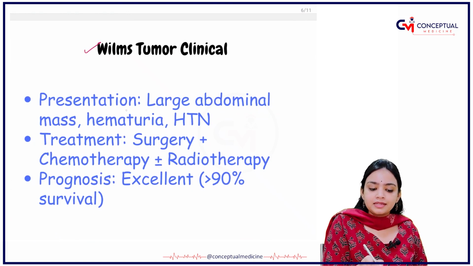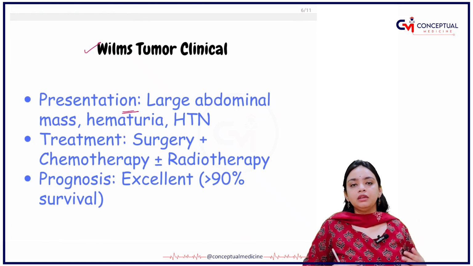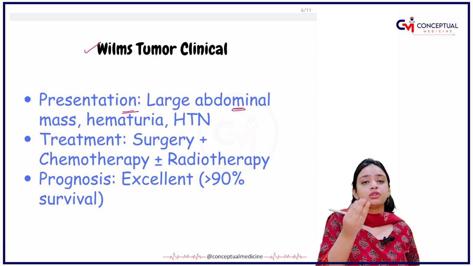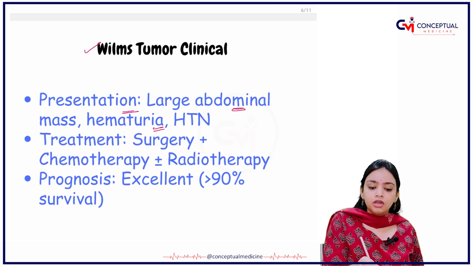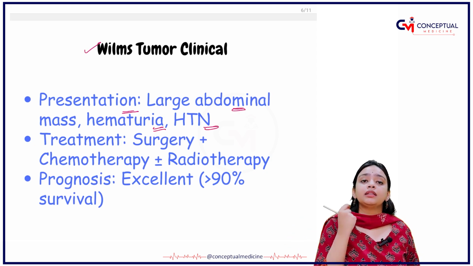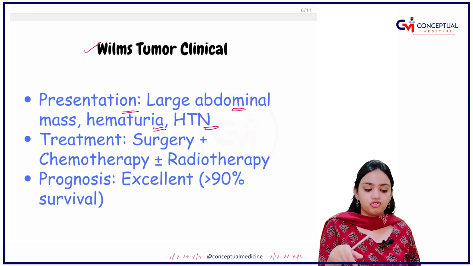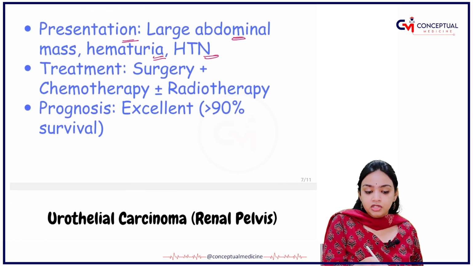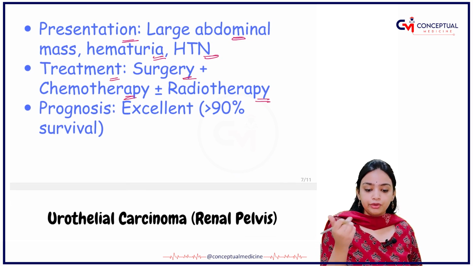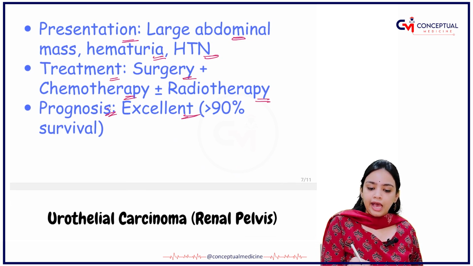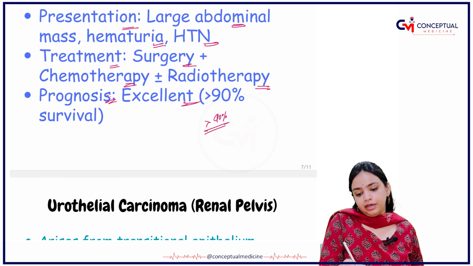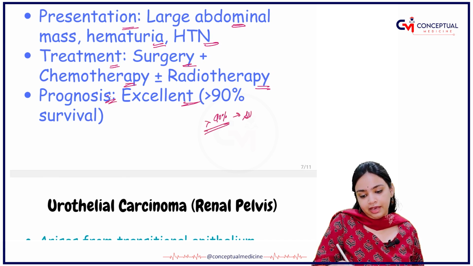The child will present with a large abdominal mass, hematuria, and on taking the blood pressure you will note that the person is having hypertension. The treatment will be surgery, chemotherapy and radiotherapy. Prognosis is excellent, with more than 90% survival rate.